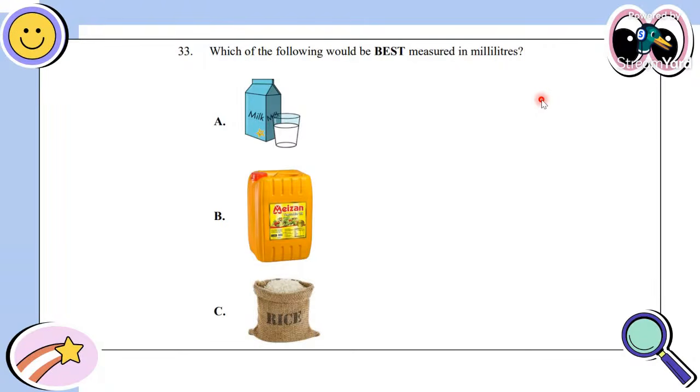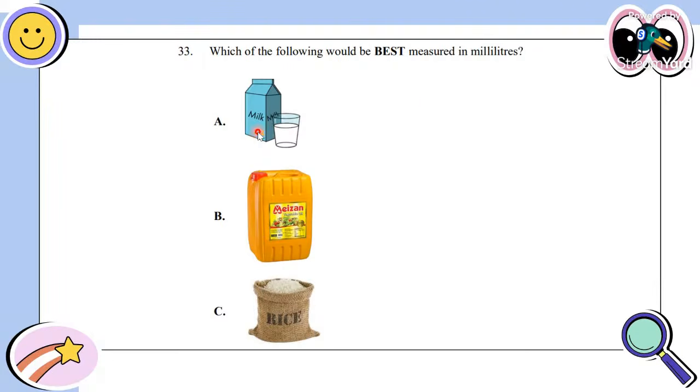Welcome to the chat. If it's a large drum of liquid, a large tank of liquid, will we use milliliters? Because I want a specific answer here. When do we use milliliters? Angelina says small what? So we want to say we use milliliters when we're measuring a small amount of liquid.